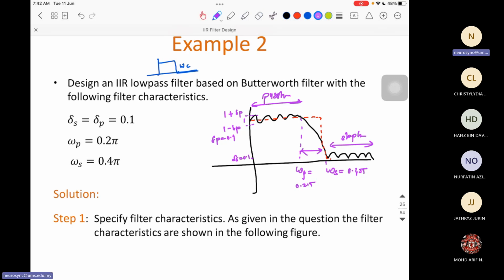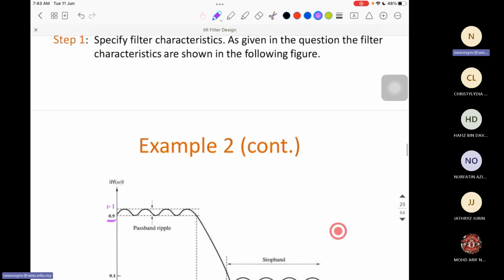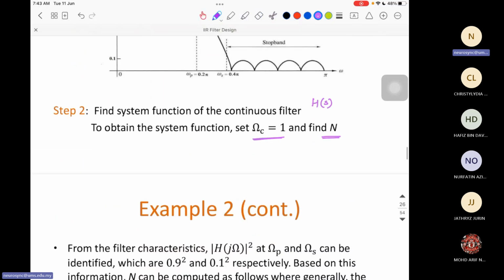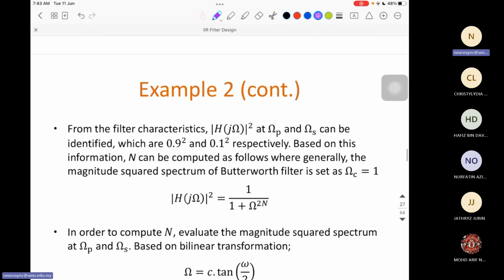Like the previous example, where the statement was to design a second order IIR filter. But in this example, it is not mentioned. So we need to find the value of capital N. Now, how to find the value of capital N?